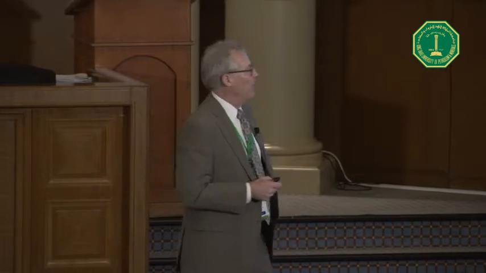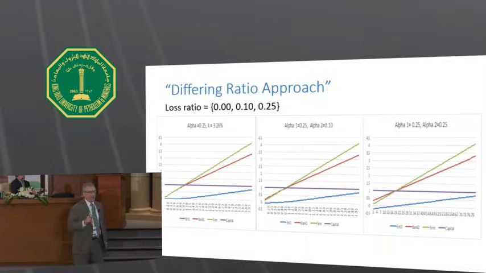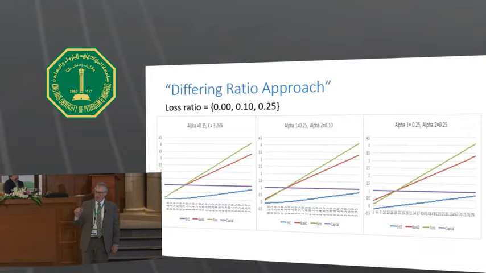But I'm just going to go quickly to a graph to make the point. And the point that I want to make is when you have both a profit ratio and a loss ratio, you can linearize the payoff to a certain extent.